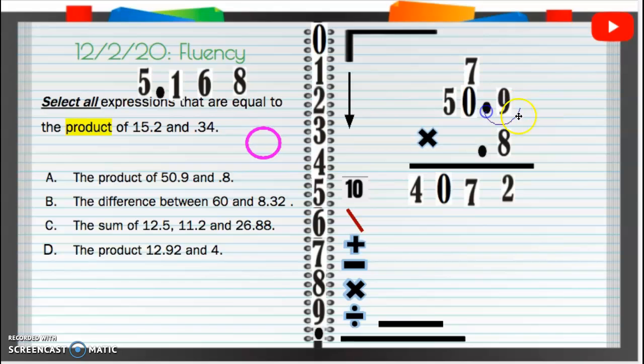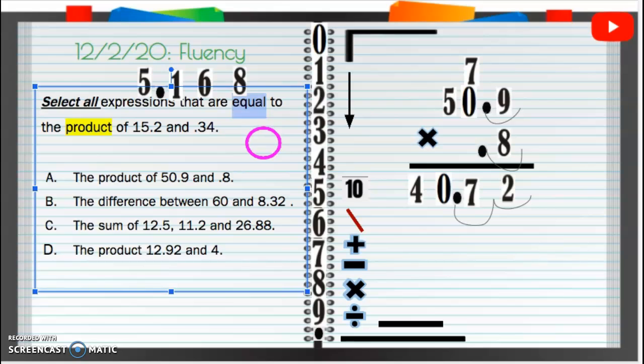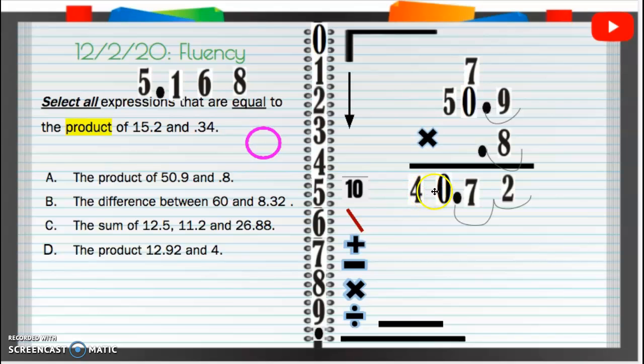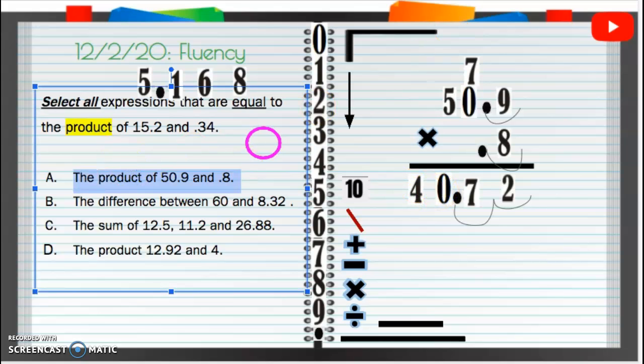So it goes in 1 and in 2. So in our answer, it's going to go in 2. So our answer is 40 and 72 hundredths. Is that equal to 5 and 168 thousandths? Nope, so it's not A. So I'm going to put that in red.